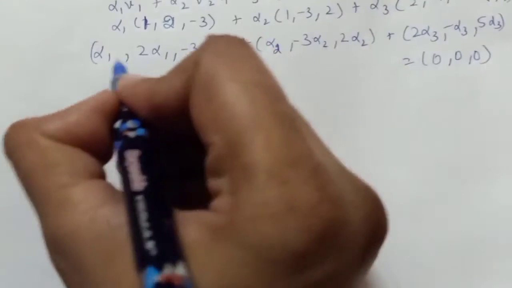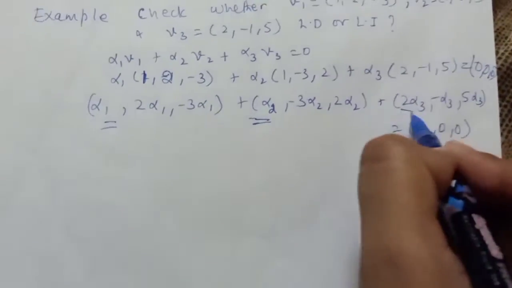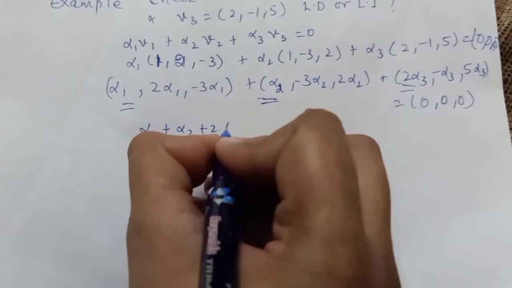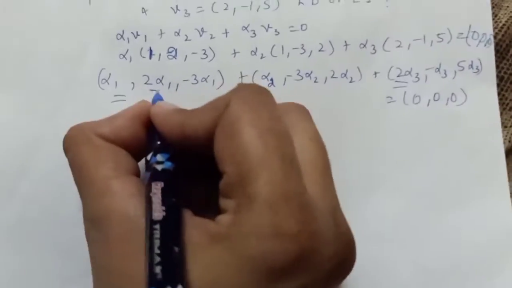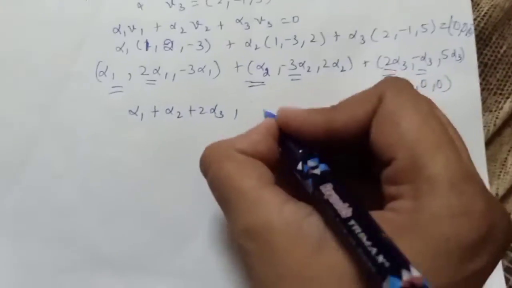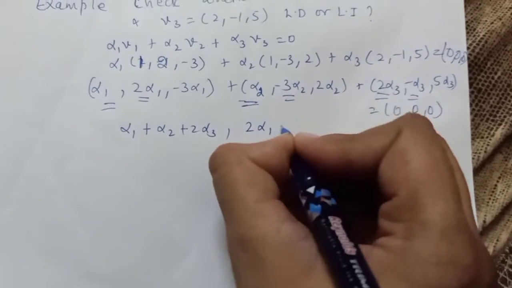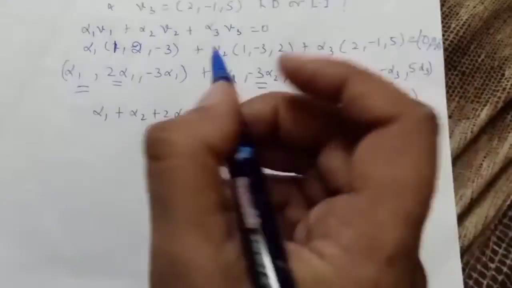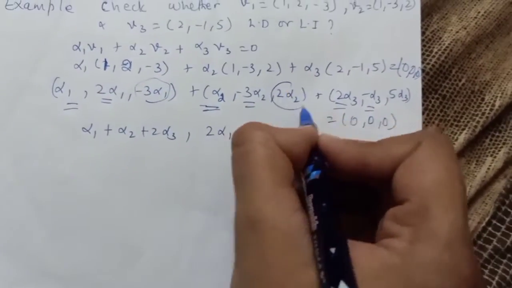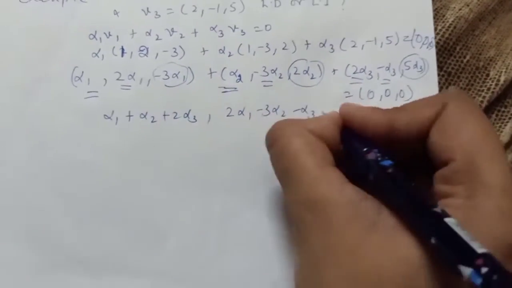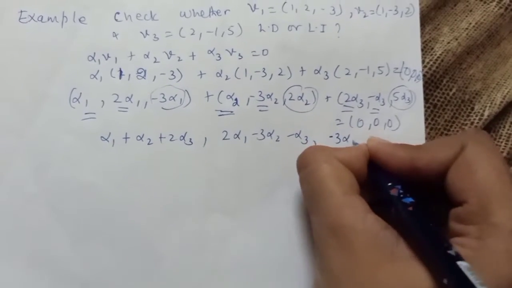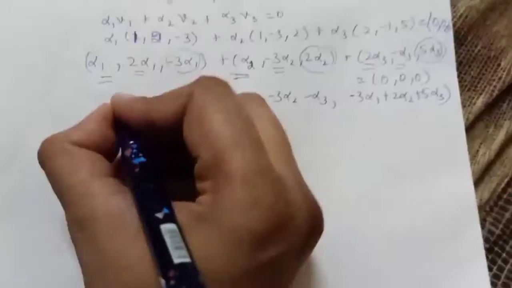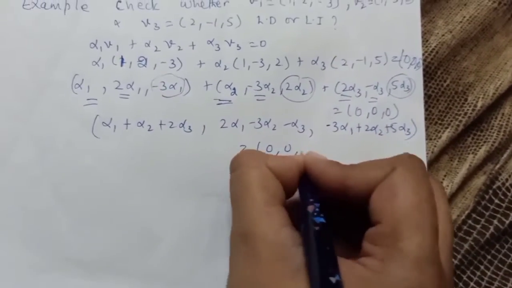Now combining the first coordinates, what will we obtain? Alpha 1 plus alpha 2 plus 2 alpha 3. Combining the second coordinates, 2 alpha 1 minus 3 alpha 2 minus alpha 3. Combining the third coordinates, this will be minus 3 alpha 1 plus 2 alpha 2 plus 5 alpha 3, is equal to (0, 0, 0).